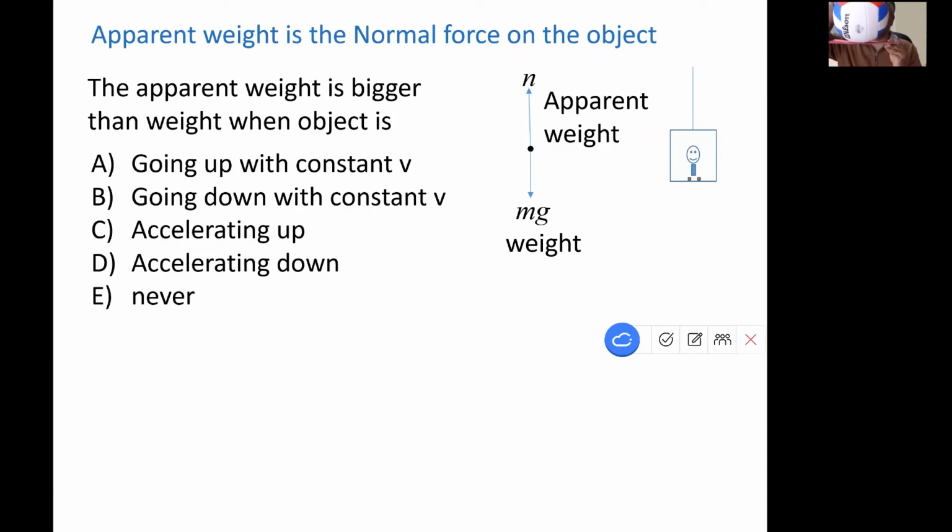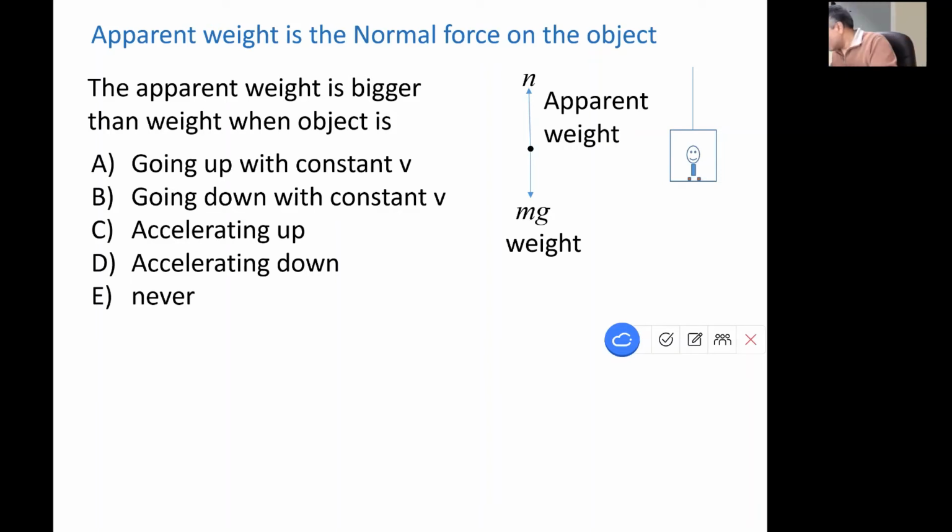How does the balance get the weight of the ball? The ball is pushing the balance down, and the balance is reacting back with the normal force. So there is normal force from the balance. That normal force and the weight, the gravitational pull, are the same if the system is not accelerating.